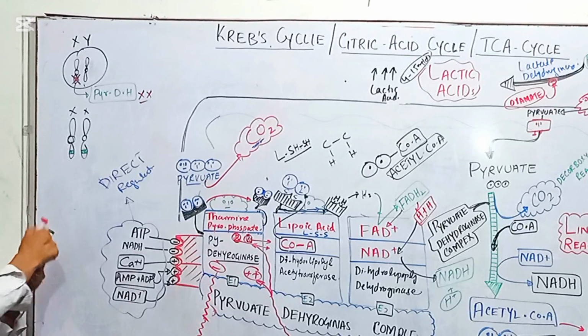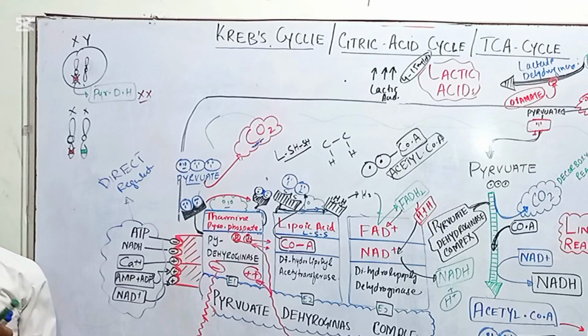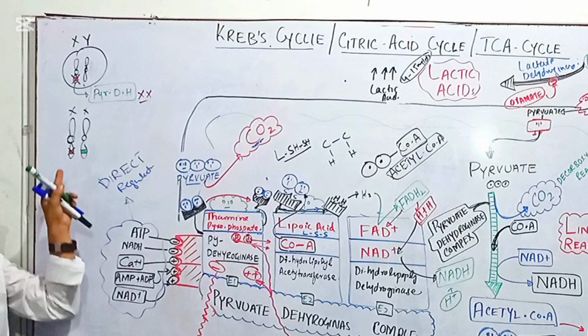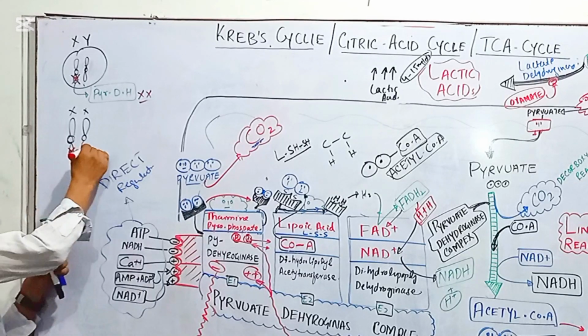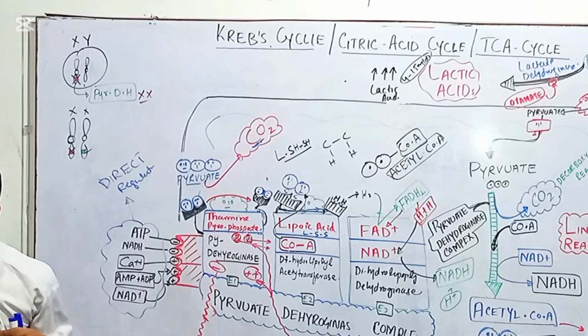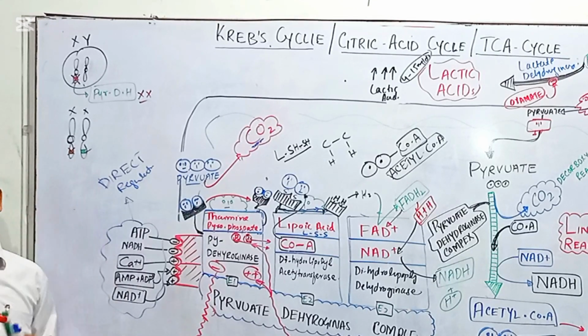And this chromosome also has the gene, and this chromosome also has the gene for pyruvate dehydrogenase synthesis, right? When there is a defect in the one gene, this other gene is functional, right? And when it is not functioning, it will function.